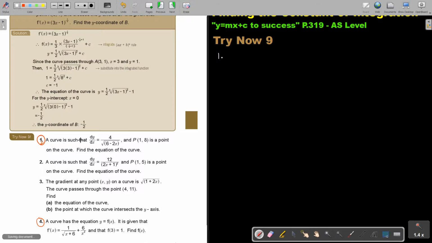A curve is such that that's the derivative function, so that's the differentiated function. Okay, and it's going through this point. So it's exactly like in the previous video. It's just the function is more complicated, but we know the rule, so it's not so complicated.